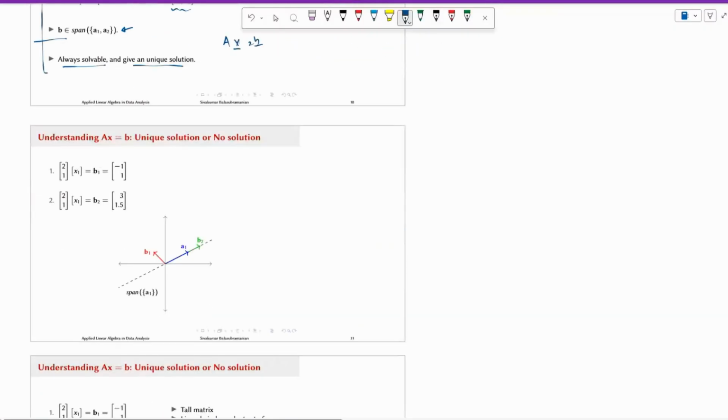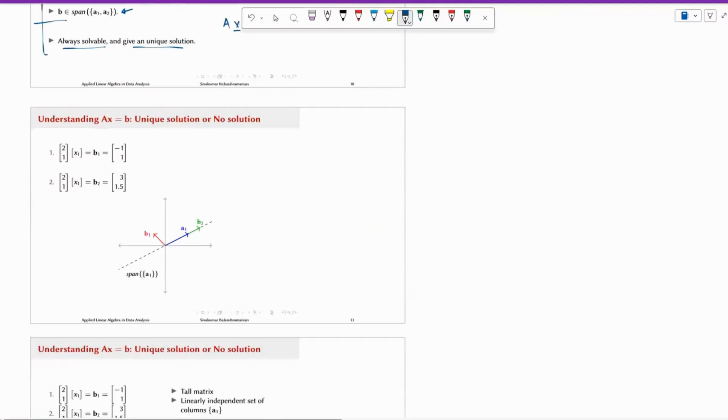We'll now look at a situation where you could either have a unique solution or no solution at all. Okay? For example, what about the first equation? Does that have a unique solution? Does it have a solution where B1 is minus 1, 1? No, it does not.